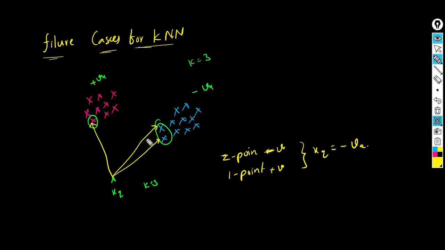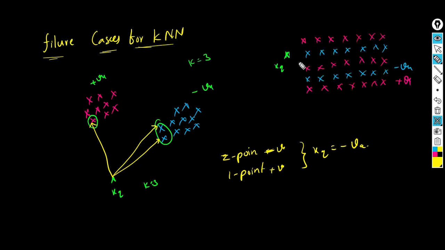Let's see one more failure case. In this scenario, let's again take k equal to 3. This way, we get these 3 points as the neighborhood points. Now we classify this query point as the positive class.